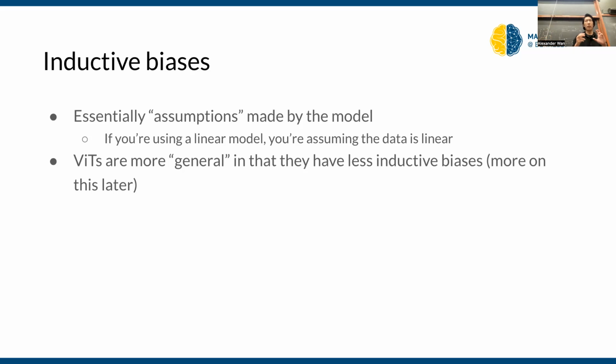So the claim for why vision transformers are maybe better in the most general sense of the word is because they're more general in the sense that they have less inductive biases, right? The reason a lot of people are really hyped about vision transformers is because they have less inductive biases.